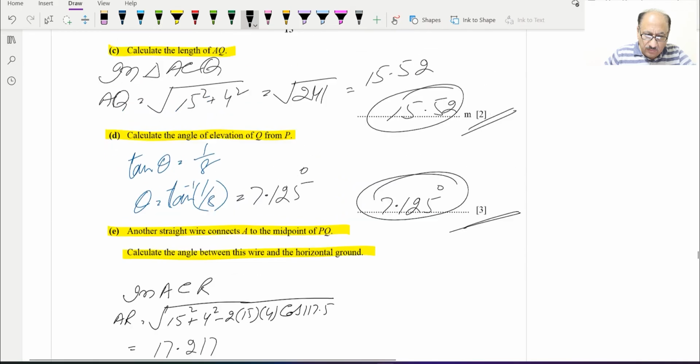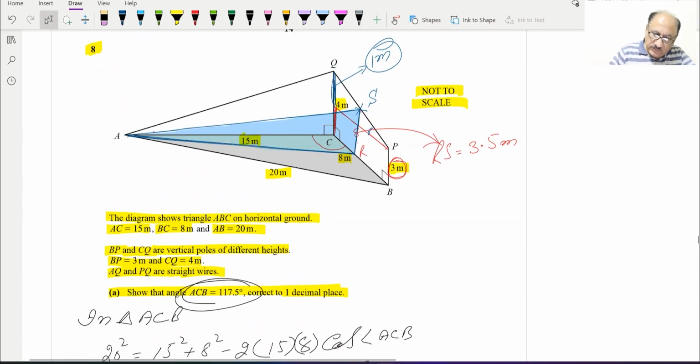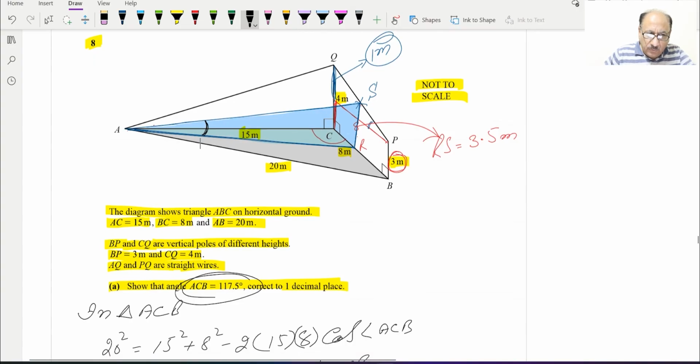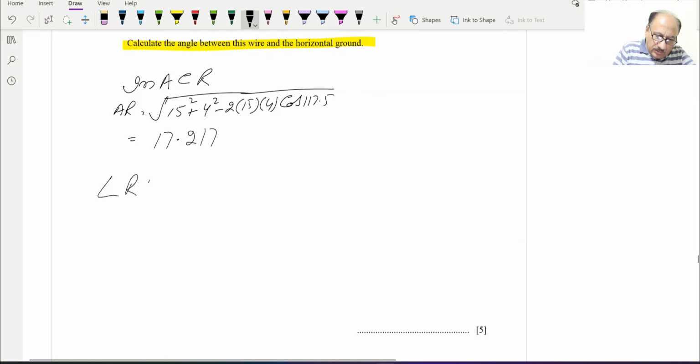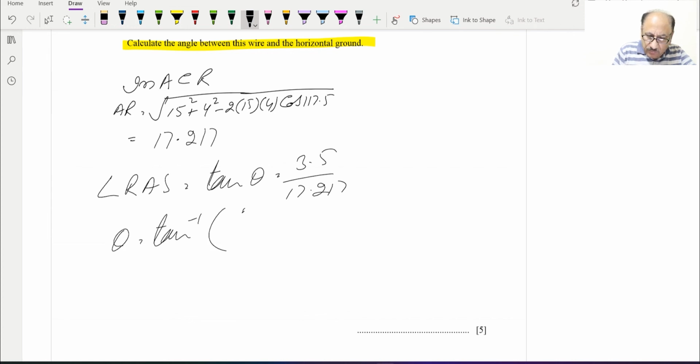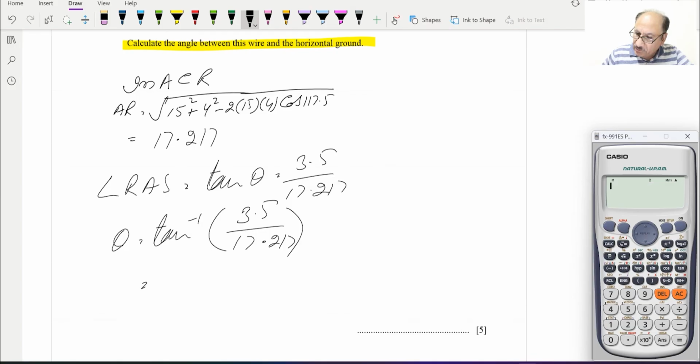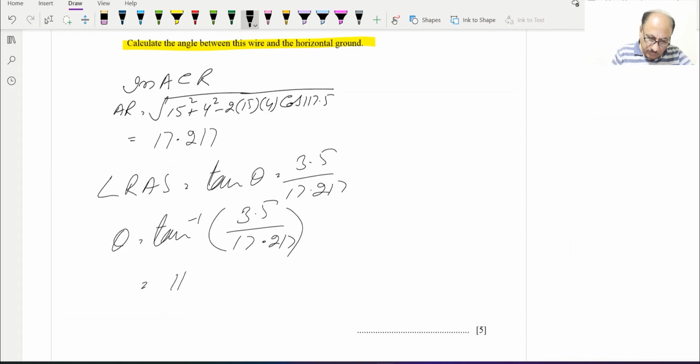Now angle RAS, RAS is this angle, so tan theta is equal to 3.5 over 17.217, and theta will be equal to tan inverse of 3.5 over 17.217, and this will be shift tan of fraction 3.5 over 17.217, and bracket closed, and this is equal to 11.49 degrees. 11.49 degrees will be the answer for 5 marks.